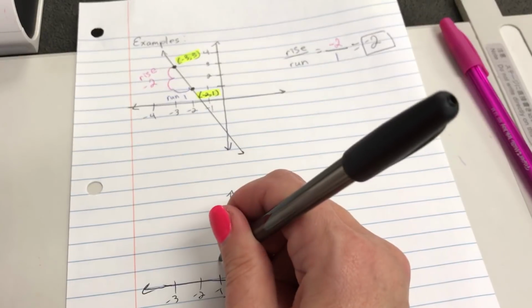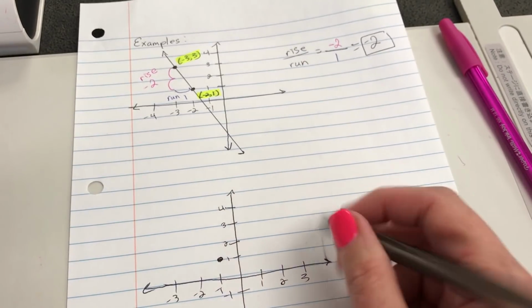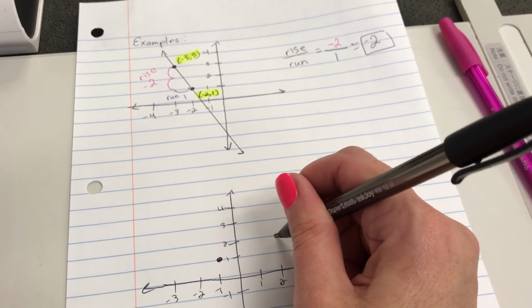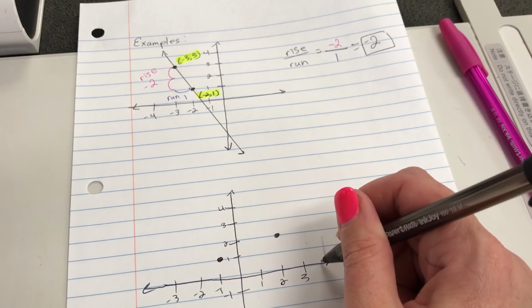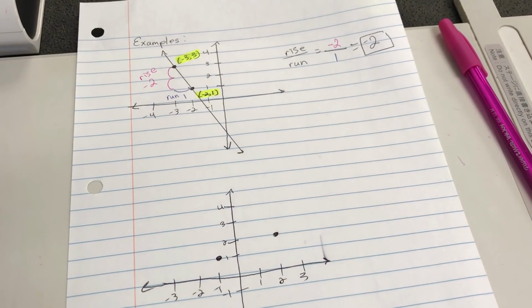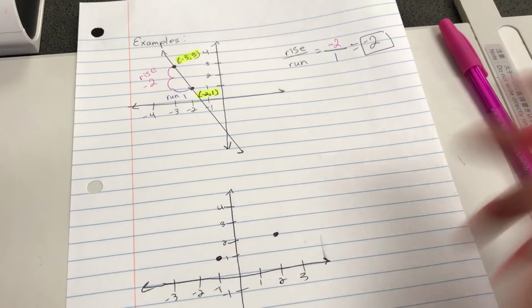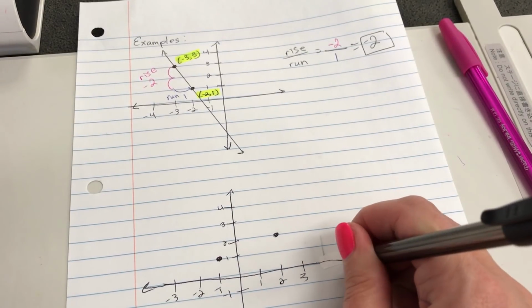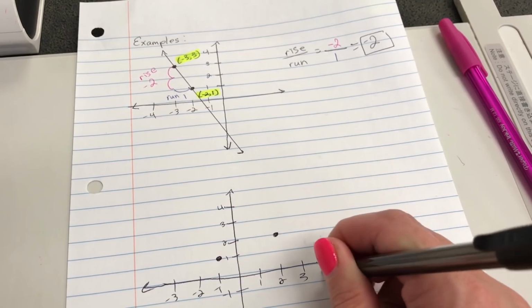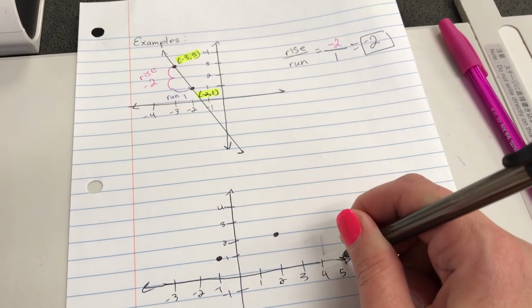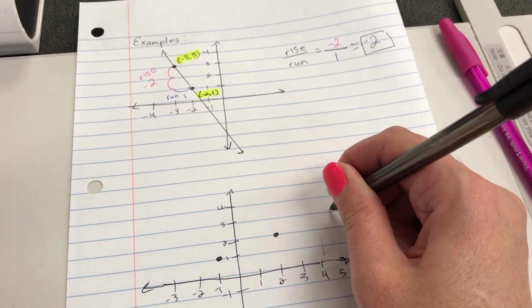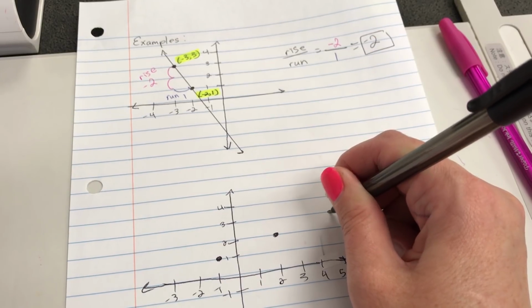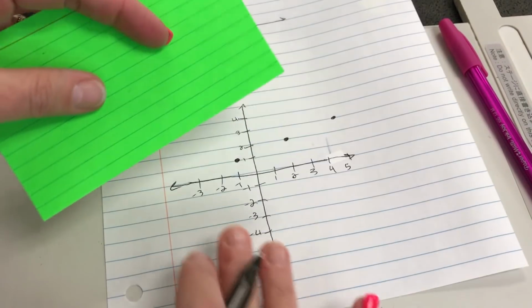All right, so let's put a point right here. We're going to put a point up here. And I think that's good, okay? Well, actually, on my notes in class, I had one more point, so let's... And so I wanted 5, 3. Okay, so let me draw my line here.